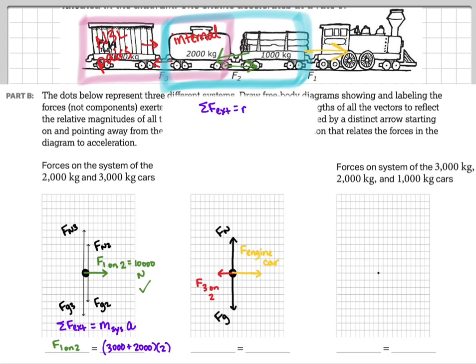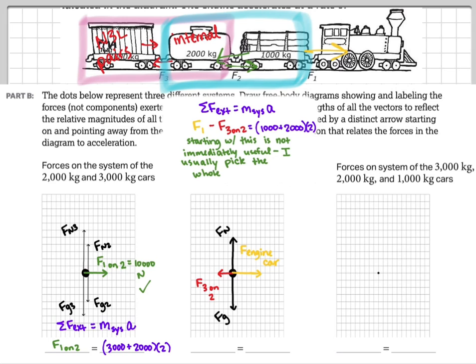If I had started here, this wouldn't be a particularly solvable equation. You still have two unknowns if you just went with this. I don't usually do this. My favorite technique is to lump all of my objects together, to treat this as a system as a whole. Usually I do this to find the acceleration of the whole system. Usually it's the other way around: you're given one of the forces and you have to determine the acceleration first.